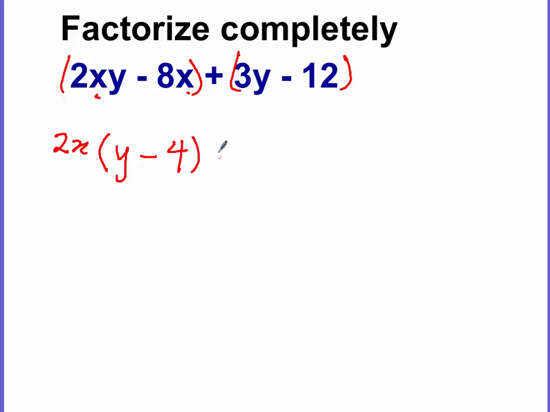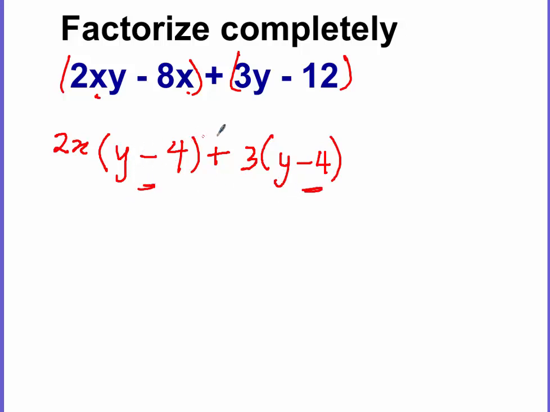Then let's move to this side. Plus 3, the factor of 3 and 12 is 3. Bracket Y minus 4. Check those values in the bracket.